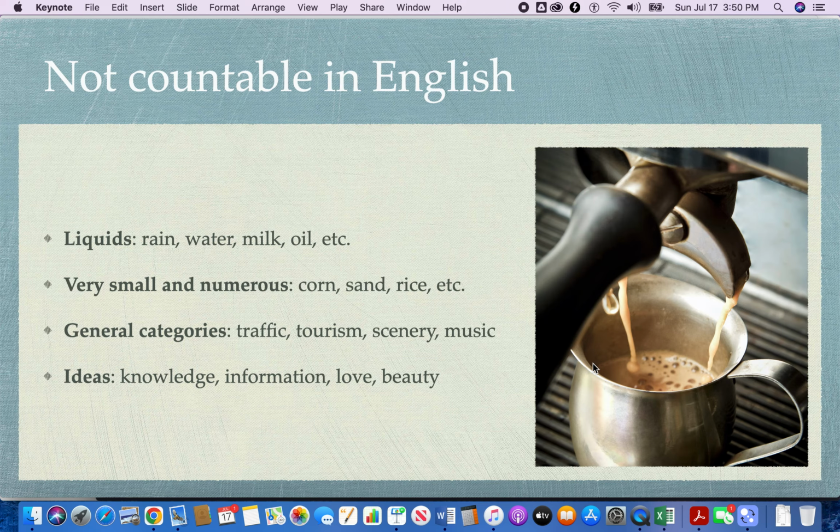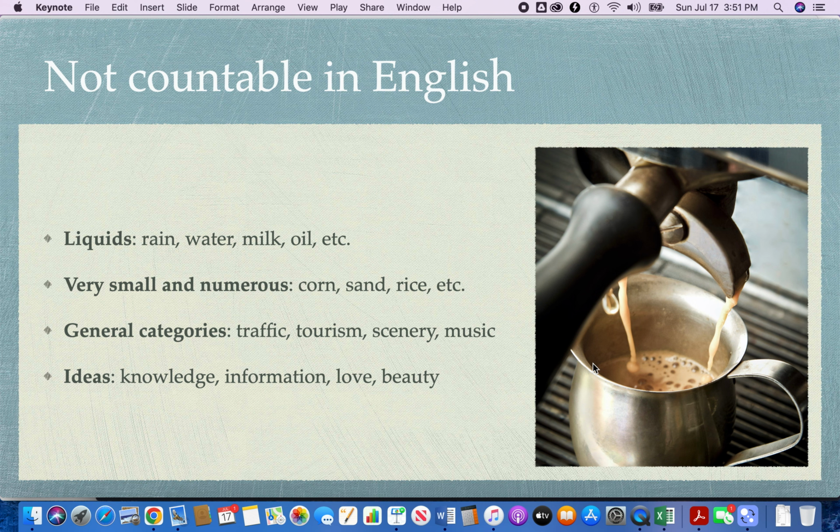Things that are not countable in English are of many kinds. For example, liquids like rain, water, milk, oil, etc. Some very small and numerous things like corn, sand, rice, and so on.